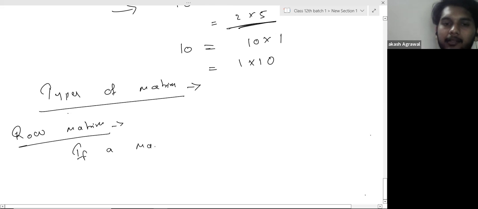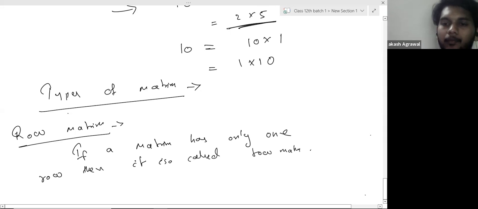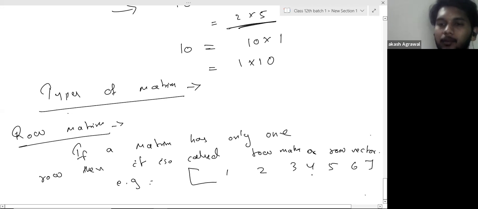If a matrix has only one row, then it is called a row matrix or row vector. For example, 1, 2, 3, 4, 5, 6. It has many columns, 6 columns, but only one row. So this will be called a row matrix or row vector.